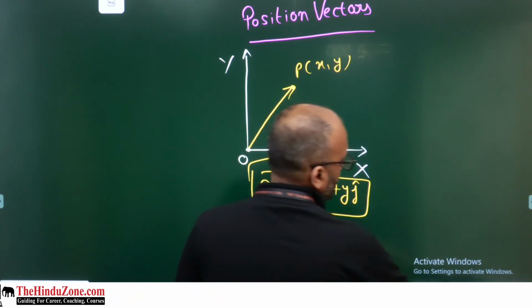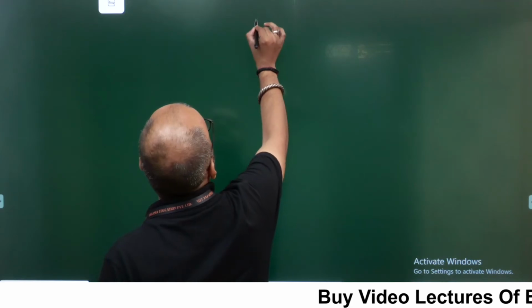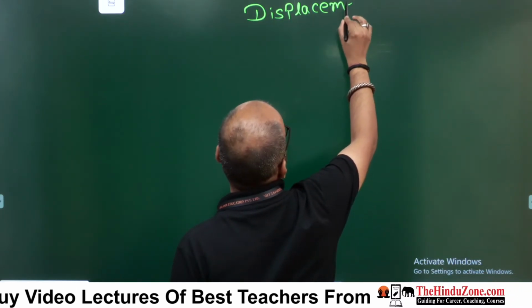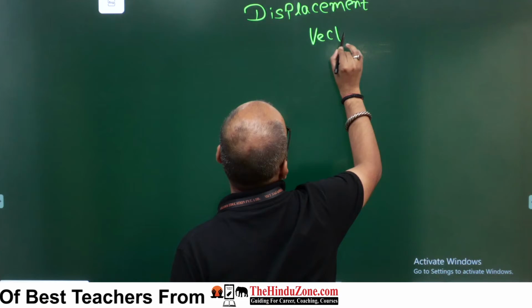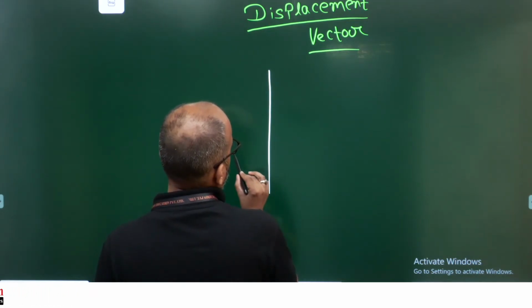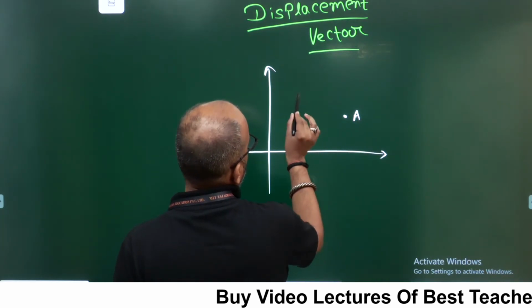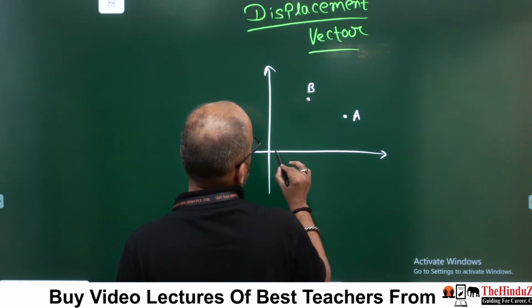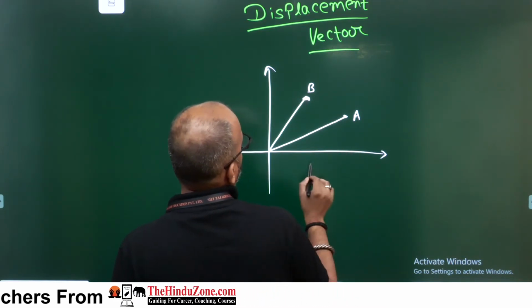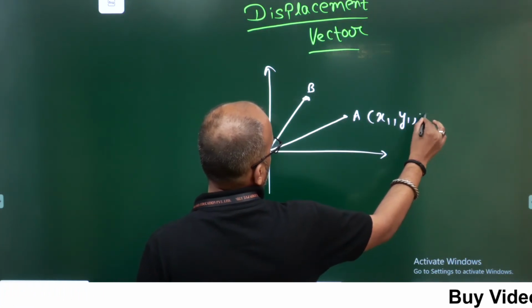Next is displacement vector. Here I have got some point A. Here I have got some point B. Let's say coordinates of A are x1, y1, z1.